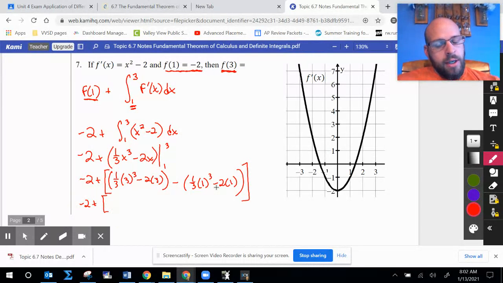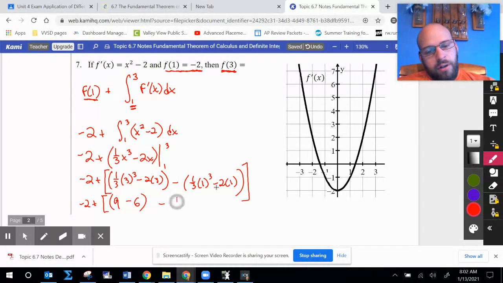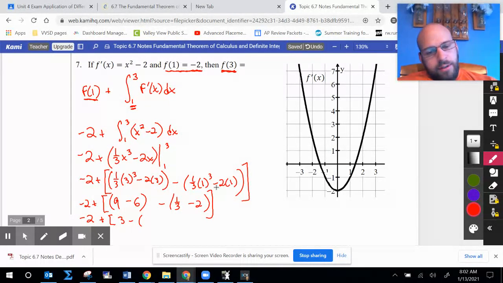So I get 27 over 3, which is 9, minus 6. And then over here, I have 1/3 minus 2, which would be -2 plus 3. What's that going to be? Minus, this would be, let's get 6 over 3.